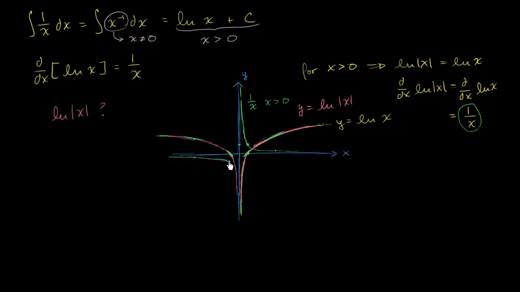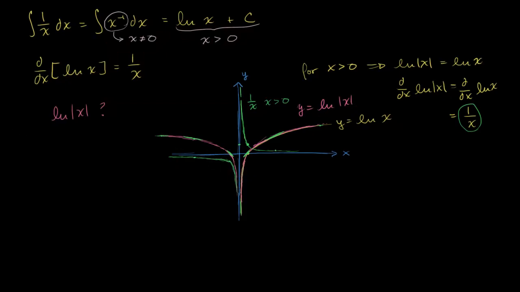And once again, it's not an ultra rigorous proof, but what you see is that the derivative of the natural log of the absolute value of x is equal to 1 over x for all x's not equaling 0.